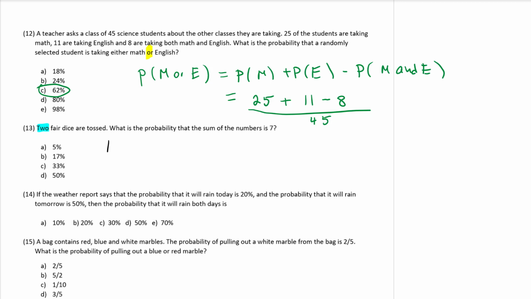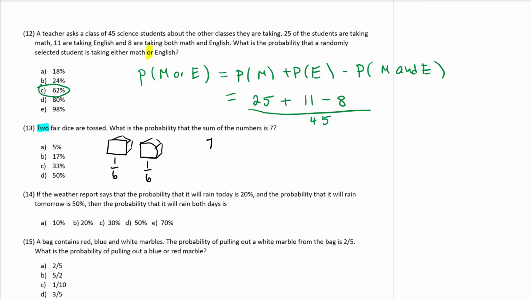All right, so now check this out. When you have 2 dice, each one has a 1/6 probability of showing one particular number.